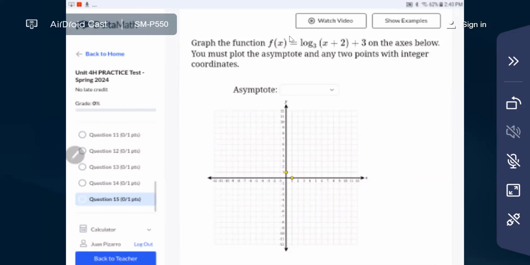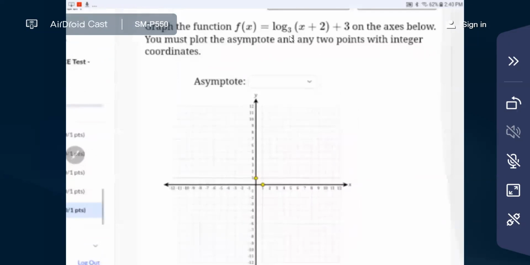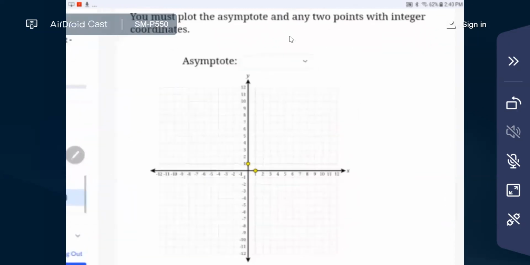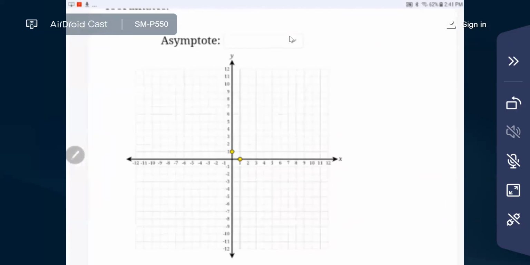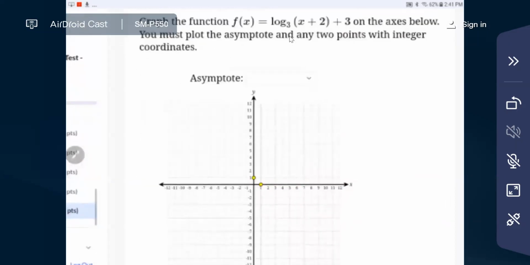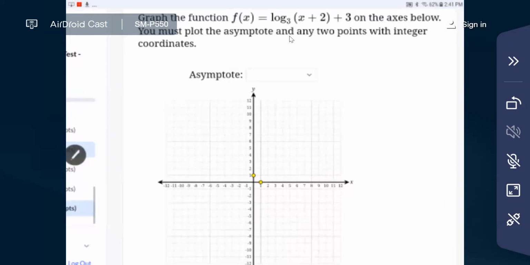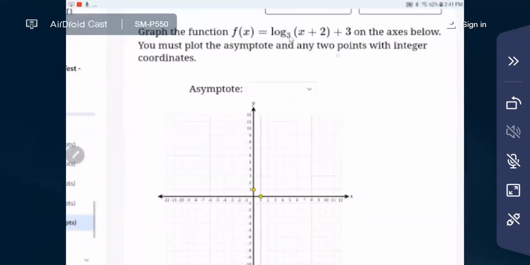They're not complicated to me, but they might be complicated to you. So I'm going to use these 2 ideas that I've used before. I need 2 points and an asymptote.